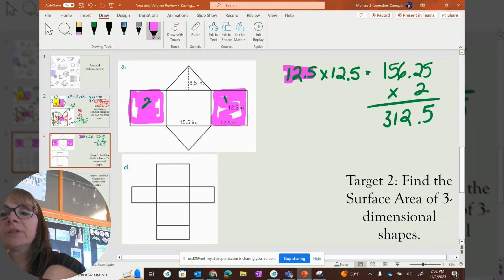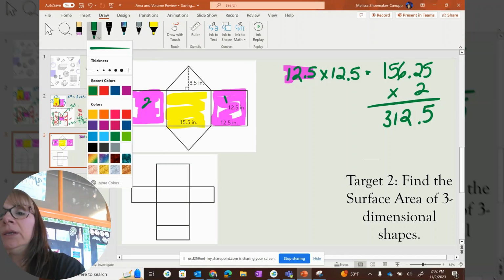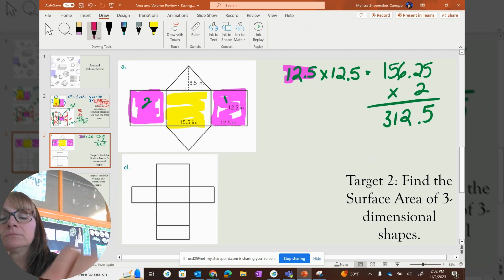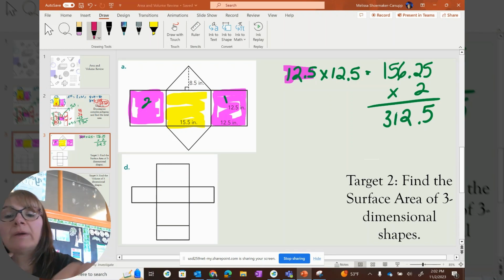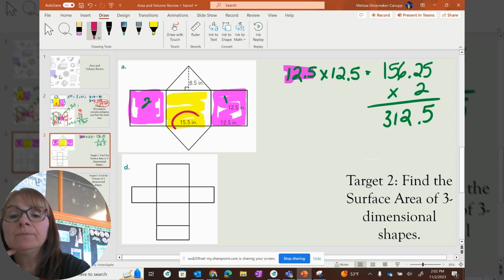Let's switch colors. We have a rectangle here. There's only one this size. I can see that the measurement here is 15.5. Oh, my pen doesn't want to draw. 15.5. Someday it will.